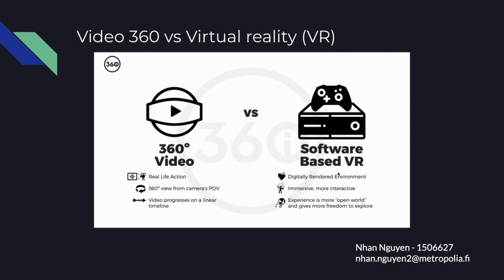On the other hand, a virtual reality experience can almost seem unlimited because you can have full control of your environment beyond direction. So instead of looking around, a viewer can move around and interact with the environment. Objects can be picked up, doors can be opened.